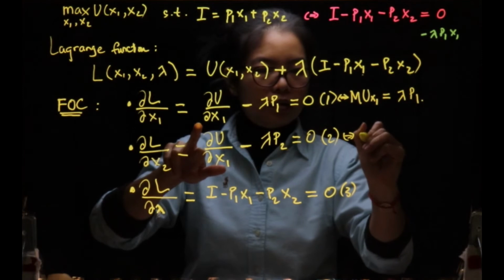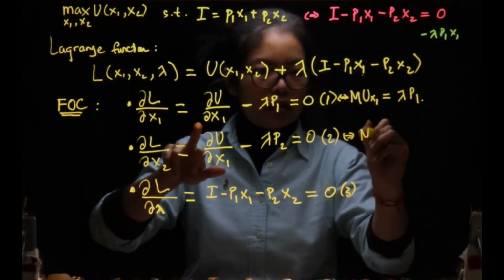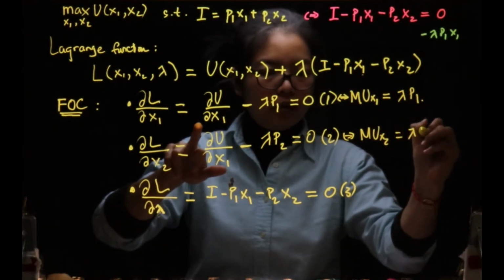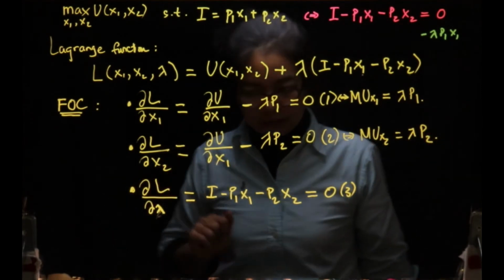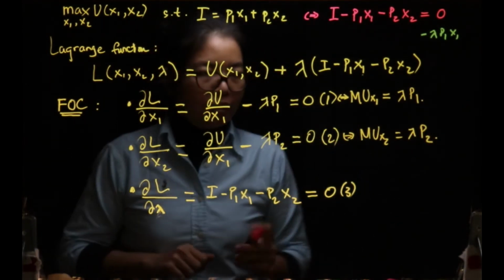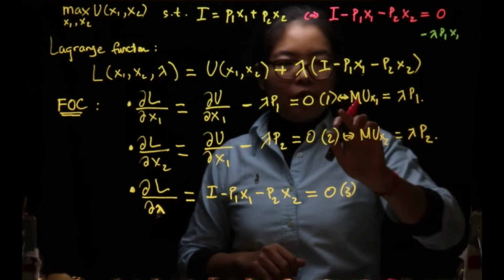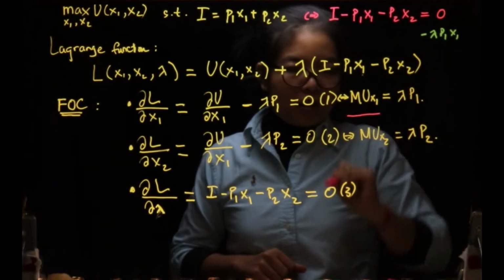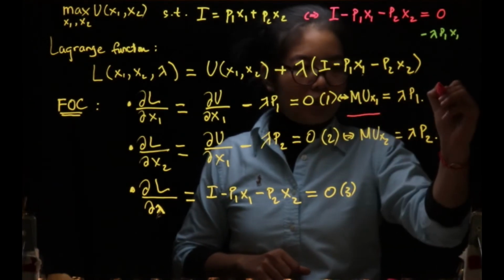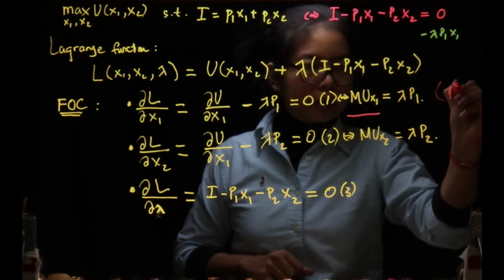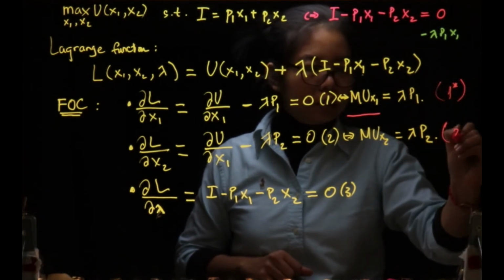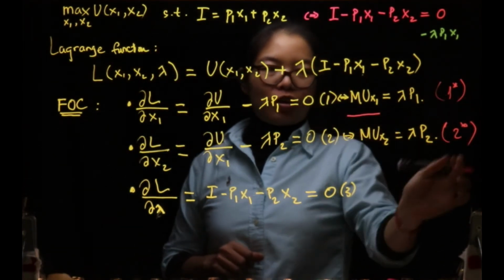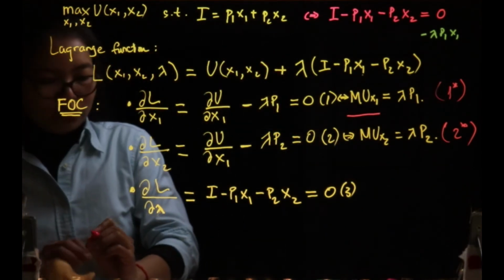And the second equation says that the marginal utility of x2 equals lambda p2, right? Now, I will call them equation one star and equation two star. What if we divide one star by two star? What do we get?